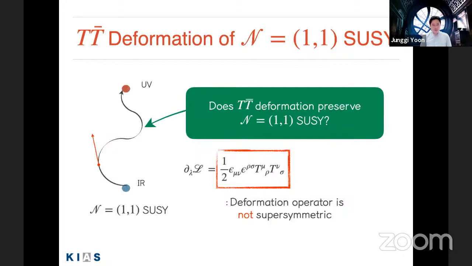Now let's consider the TT-bar deformation of the free N=(1,1) supersymmetric model. You can ask whether the N=(1,1) supersymmetry is broken or not by the TT-bar deformation. Since this TT-bar deformation is not supersymmetric, you might say that it breaks the supersymmetry.